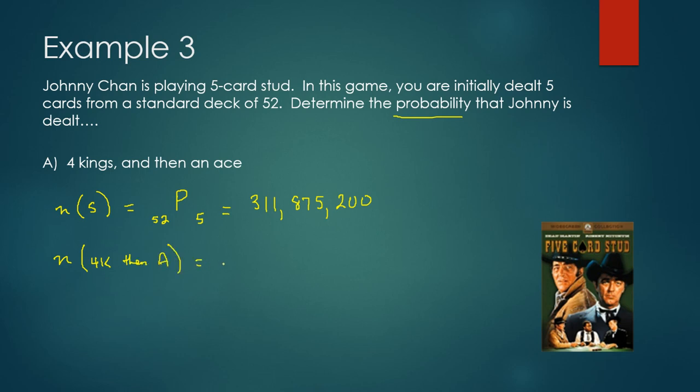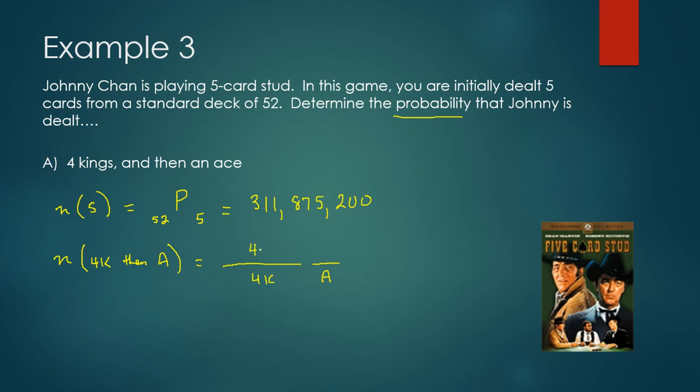We've got to use our skills from our previous day where we combine methods. So let's think about the number of ways that he could be dealt his 4 kings, and then talk about the number of ways he could get his ace. So order matters here, and the number of ways that the 4 kings could be dealt out is, well, all 4 kings, and we can arrange those in any different way.